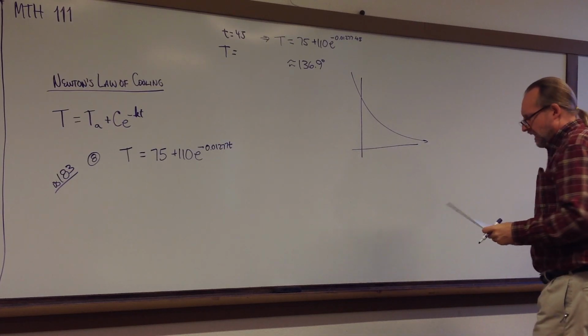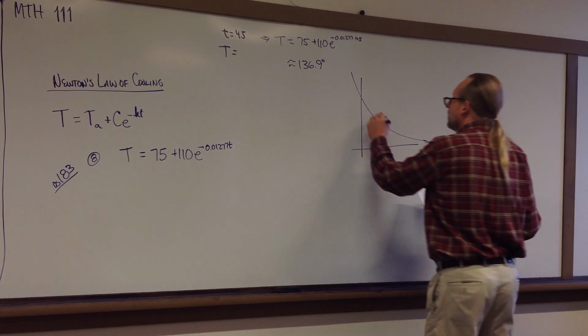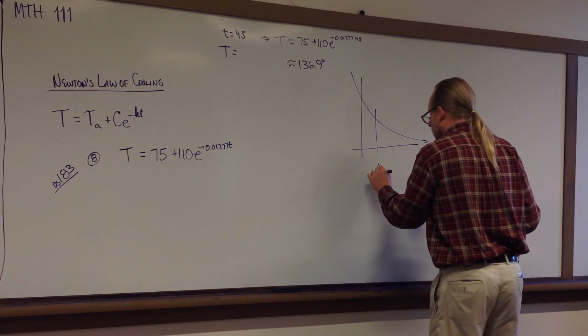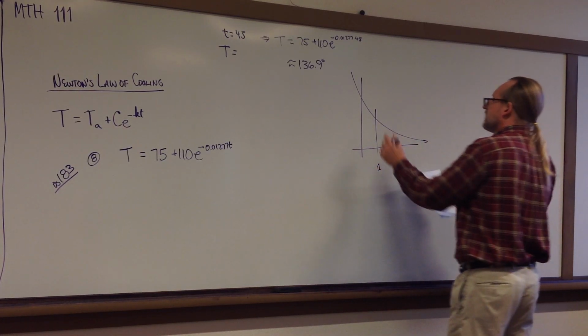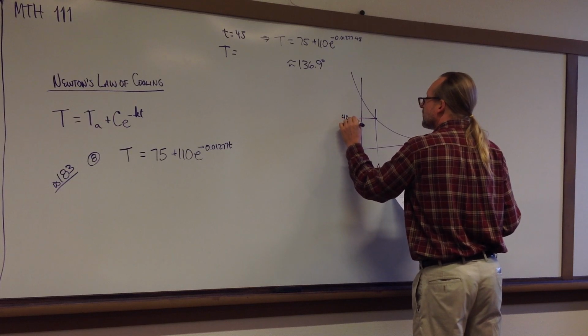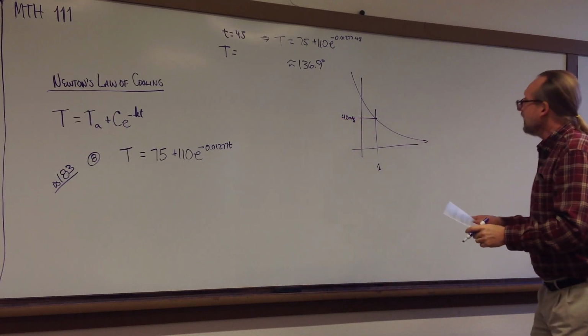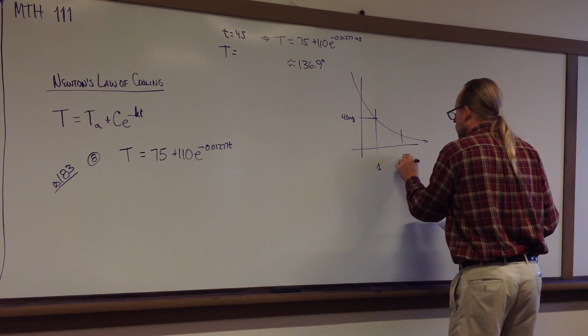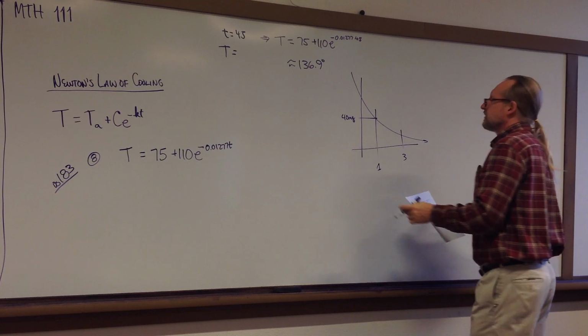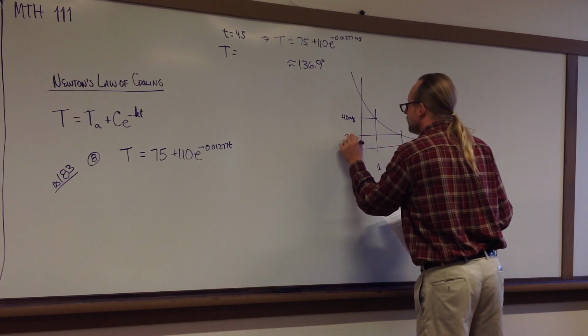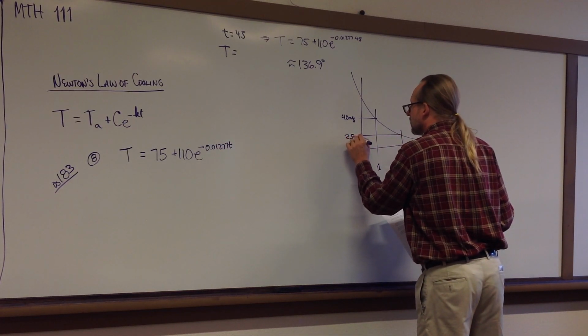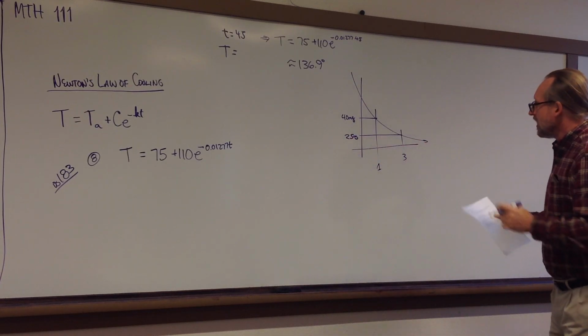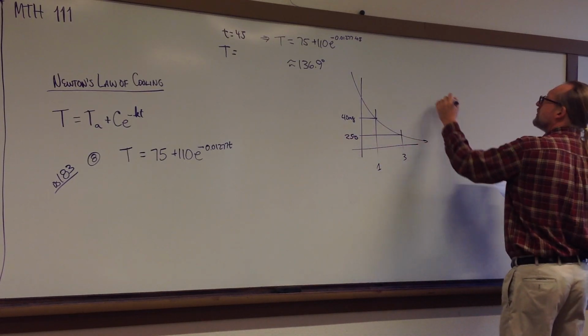In this problem, what we're given is that after 1 hour, the concentration is 40 milligrams, and after 3 hours, the concentration is 25 milligrams. There are a couple of things that you can do here.